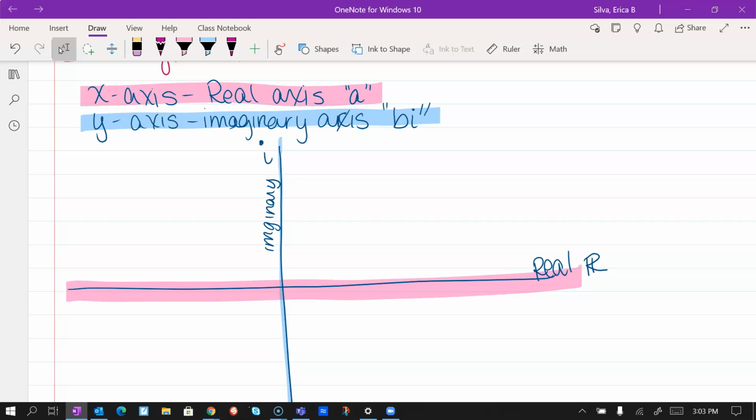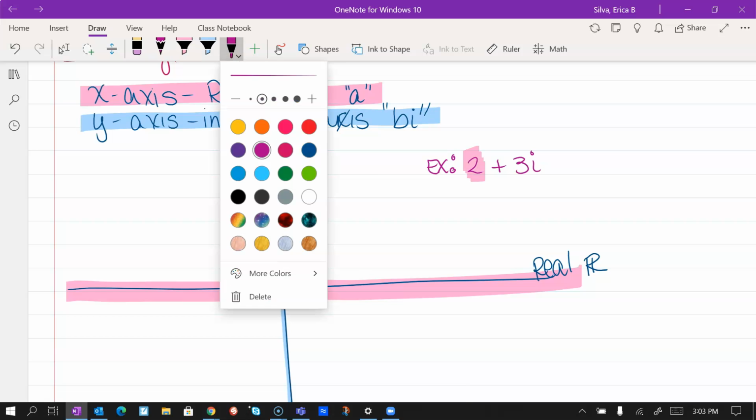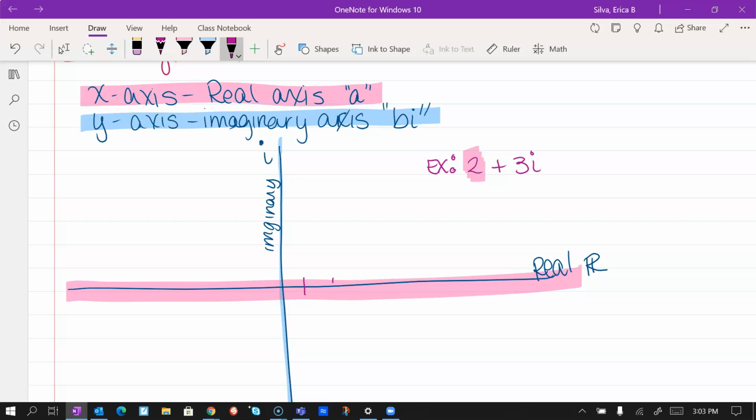All right, so let's do our first example. I'm going to graph 2 plus 3i. So 2 is my real axis. So I'm going to go here on my x-axis, 1, 2.